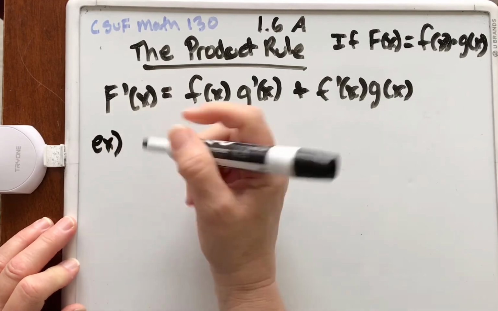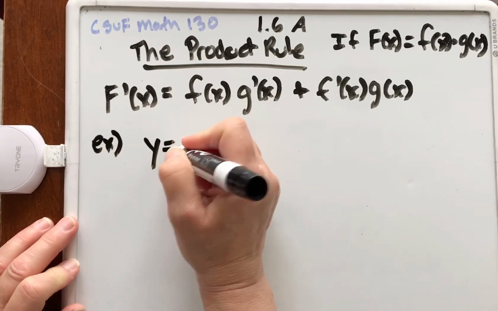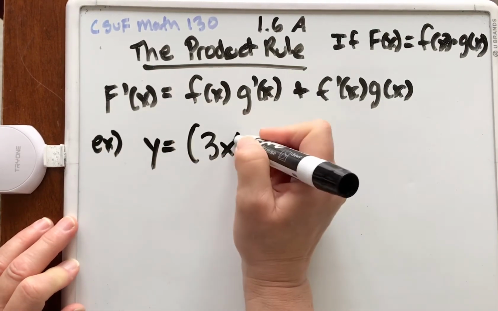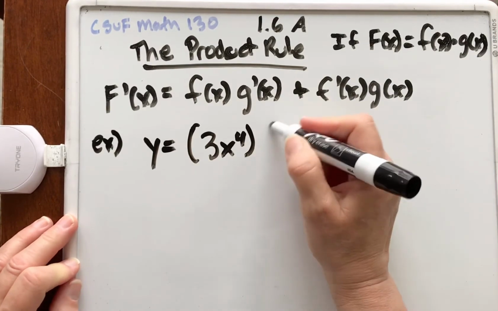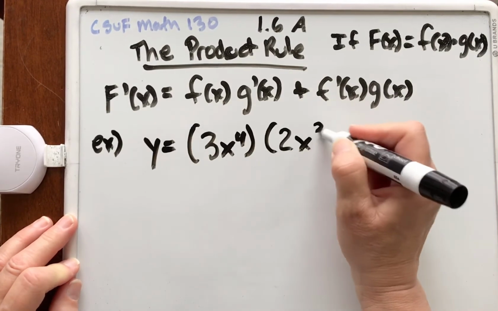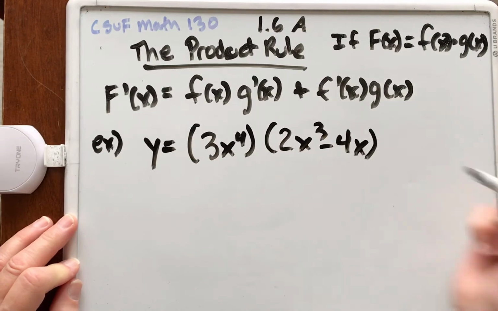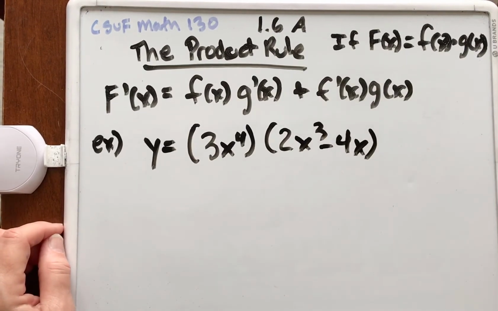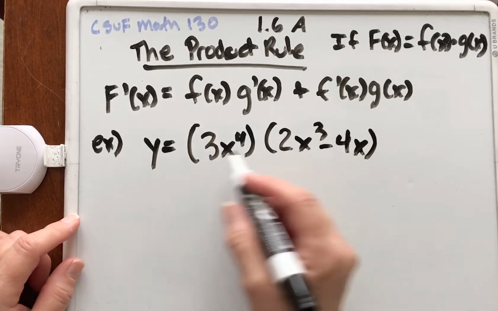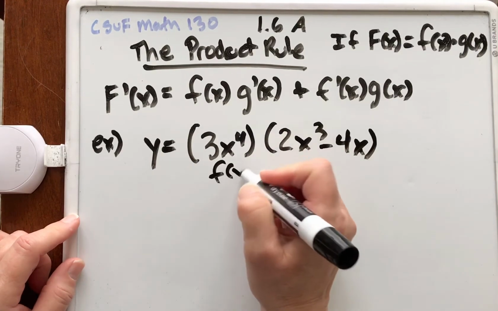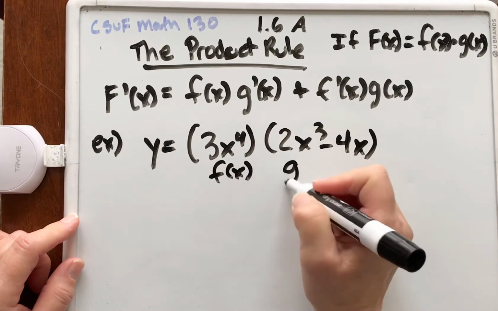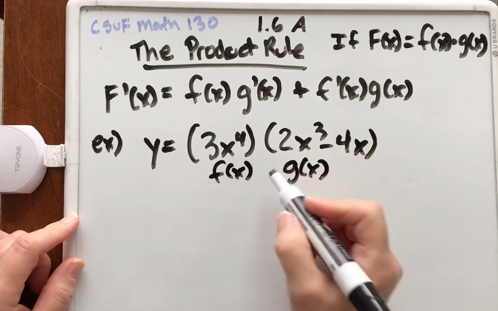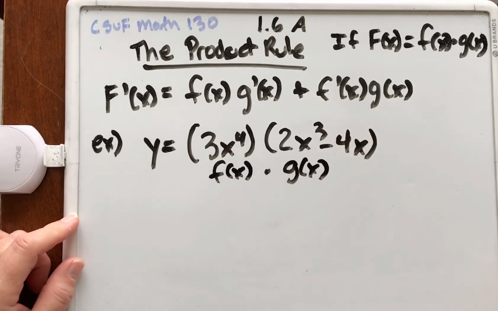Okay, so let's do an example now. Let y equal 3x to the fourth times 2x cubed minus 4x. So there we go, we have a function. Now notice we could label this one f of x, and we could label this one g of x. We notice they're multiplied.